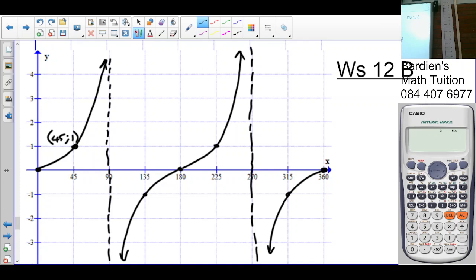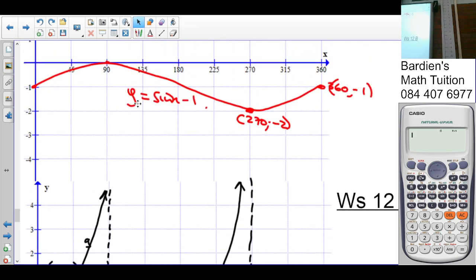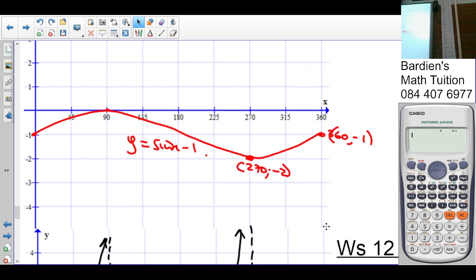So let's look at the first question. What's the first question say? The period. So this is the g of x graph. Alright. So what is the period of the f of x graph? So the period is going to be 360 degrees. What's number 2?